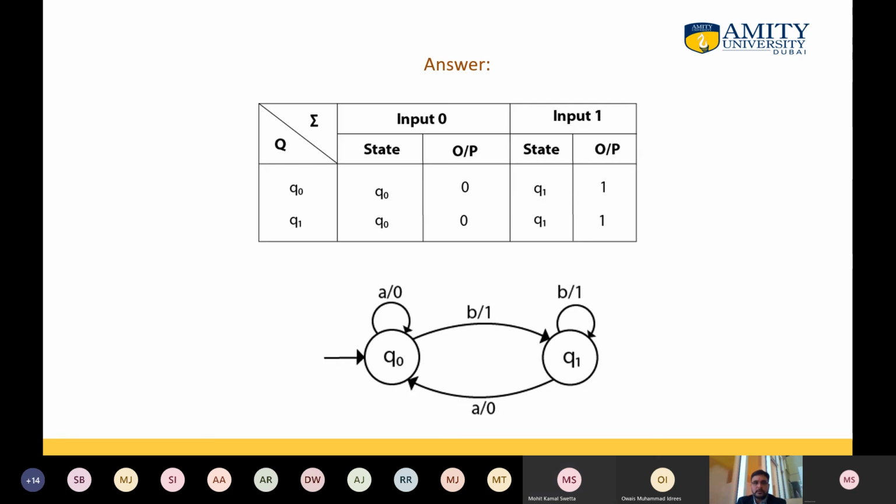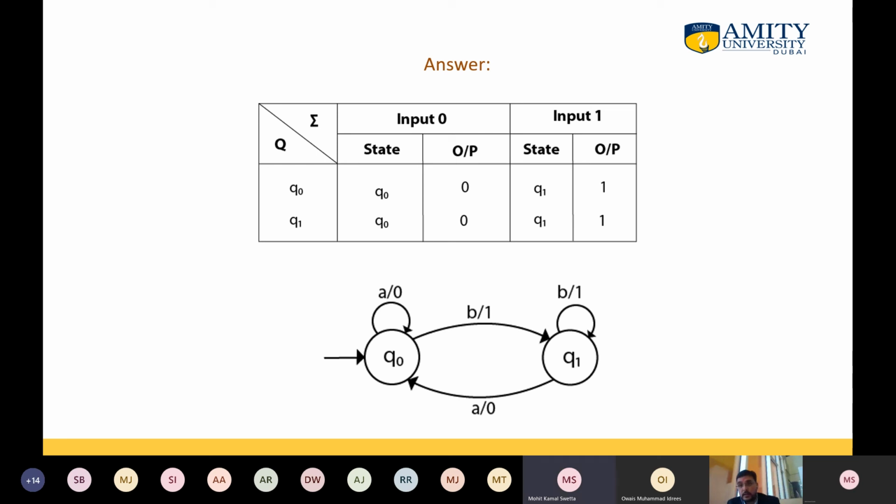So you wrote Q1 here. Now this output will be dependent upon the next state only, not the present state. So the output for Q1 is 1.